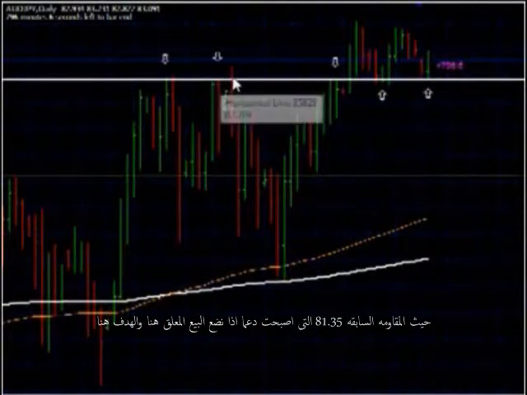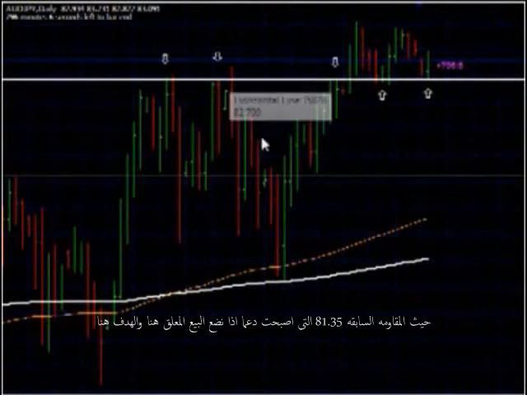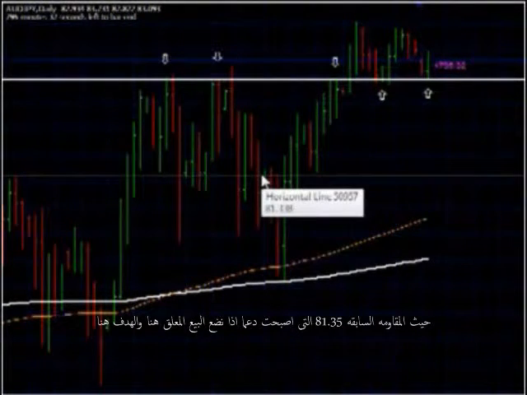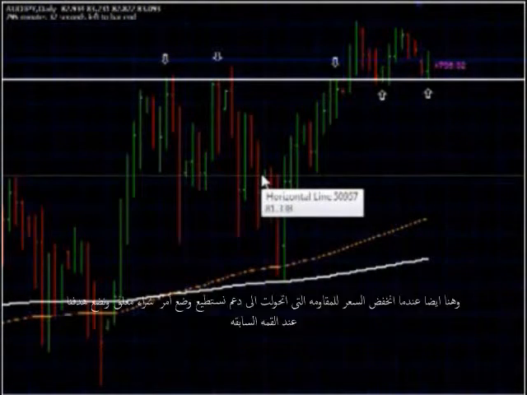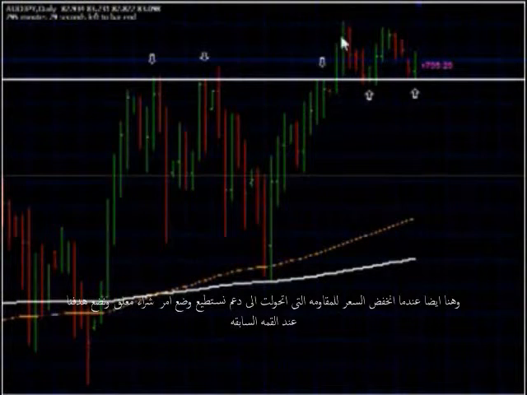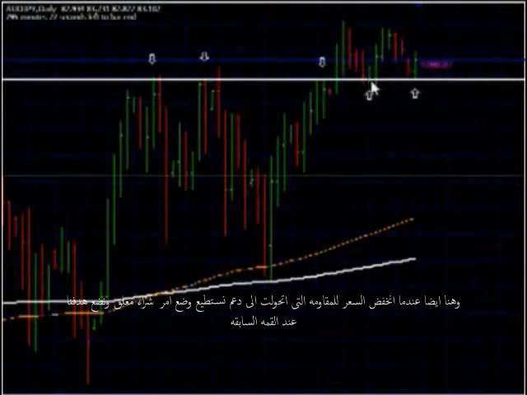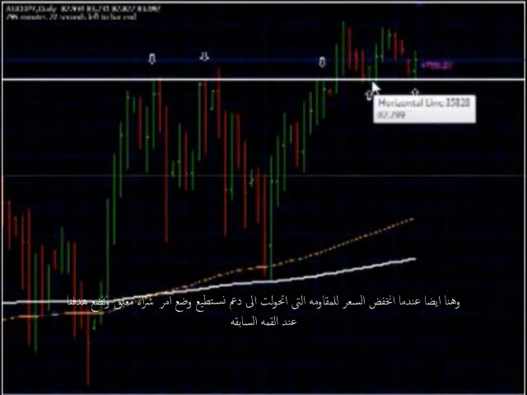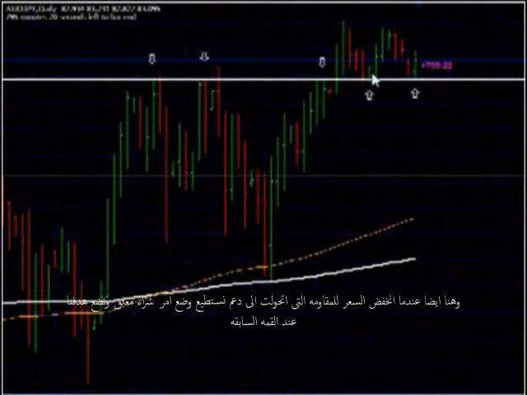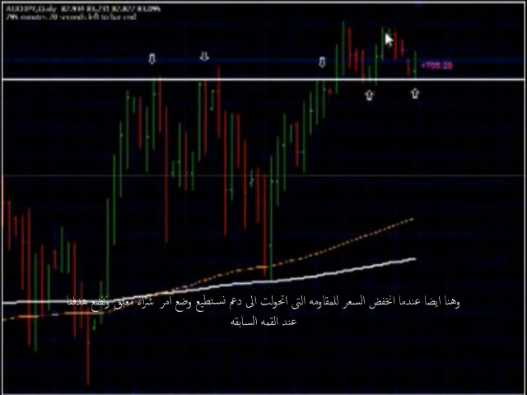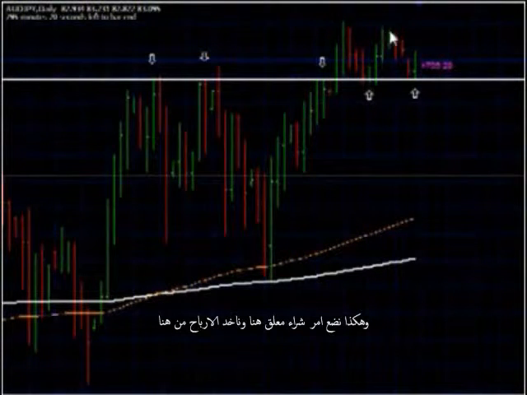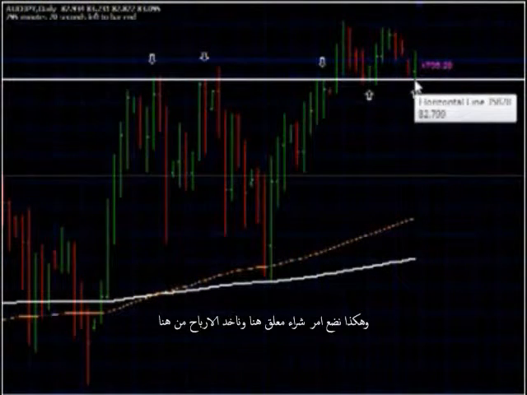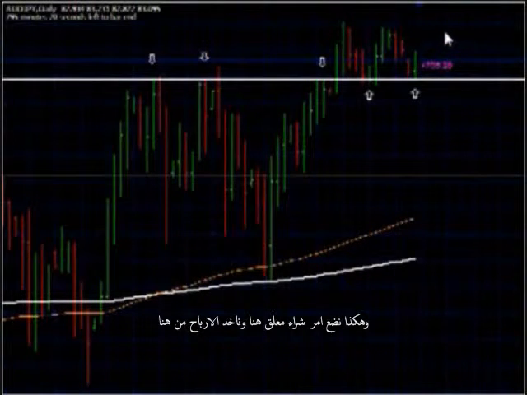For another example, when price comes back down, we can place a pending buy order over here because this now acts as a support, and we place a take profit at the previous high. And so forth. We place a pending buy over here and probably take profit over here.